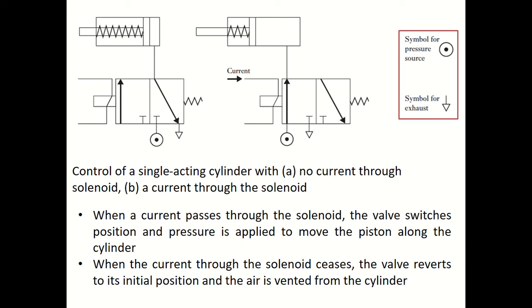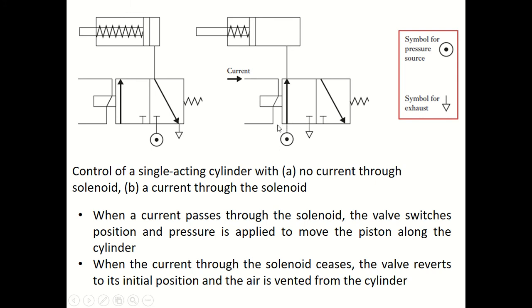If you read this diagram, you can see that this is the symbol for a pressure source or pressure inlet. This is the symbol for exhaust. Now look at the second diagram. When the current passes through the solenoid, the valve switches position and the pressure is applied to move the piston along the cylinder. You can see it.